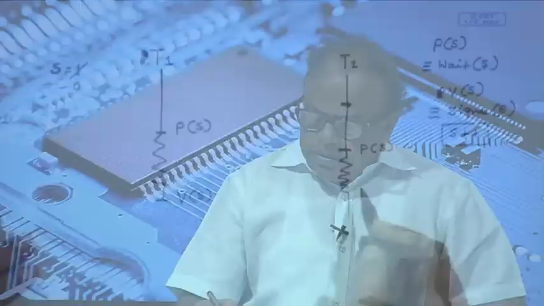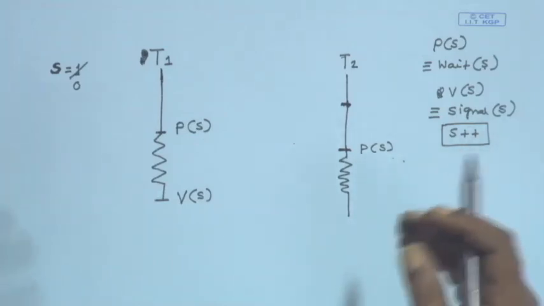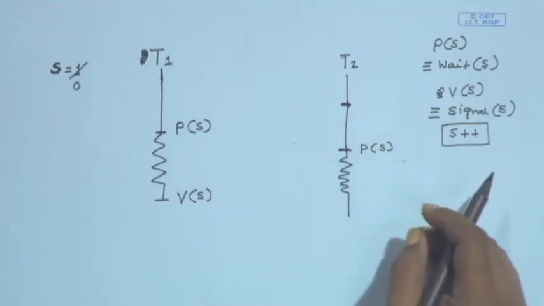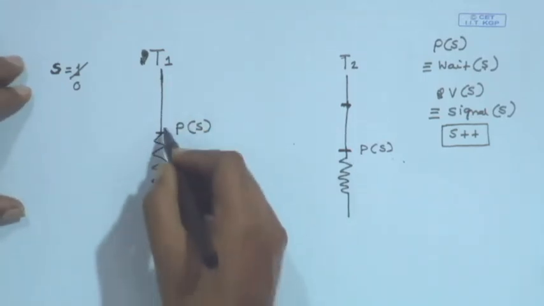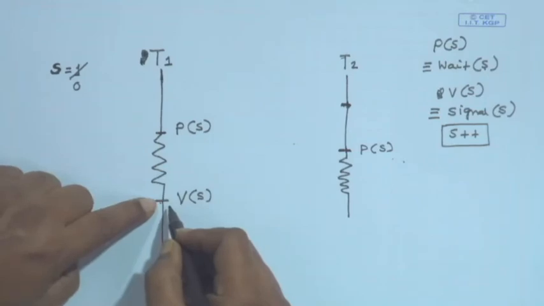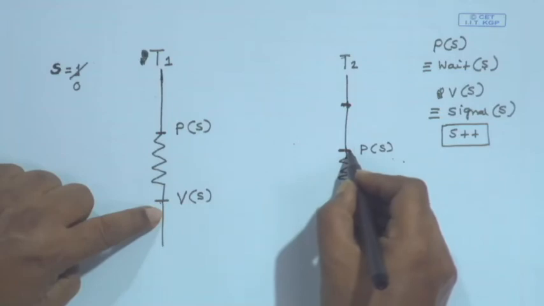Those details are basically operating system issues, and there are different ways by which interrupts can be utilized in order to get rid of this thing called busy waiting. All right. Now, when T1 comes out of this VS, then this one will succeed.